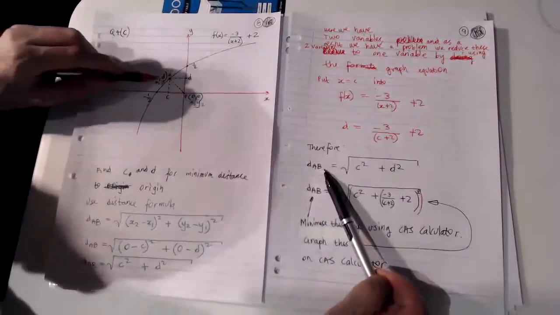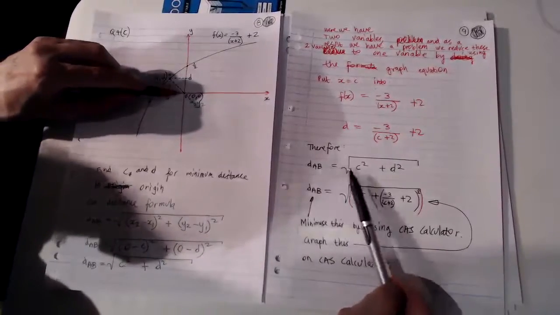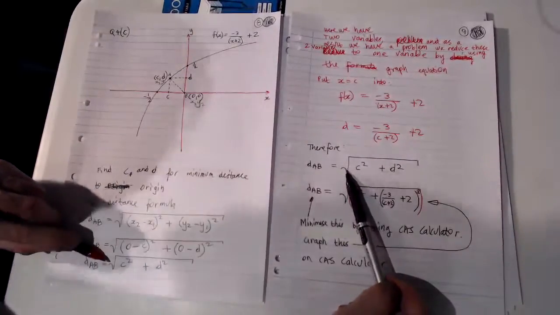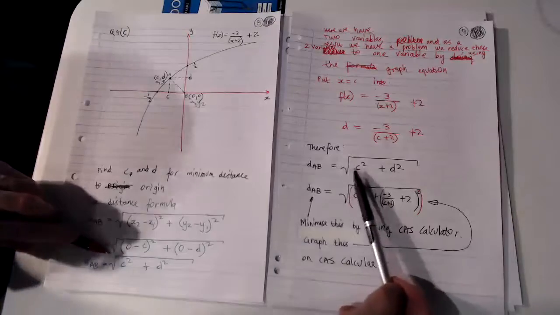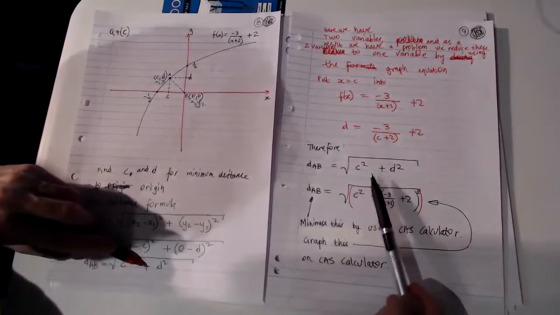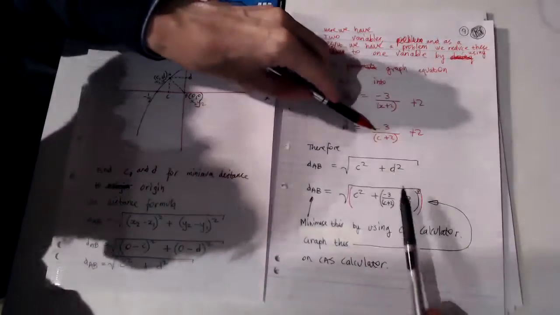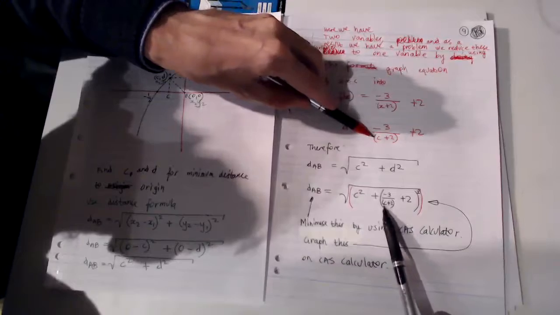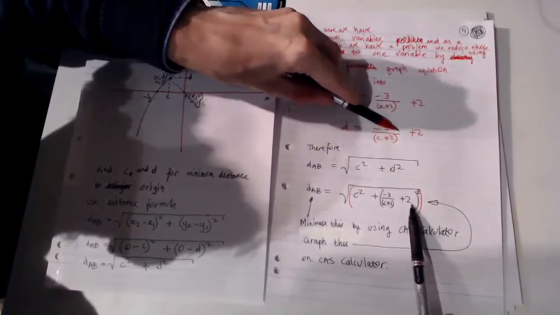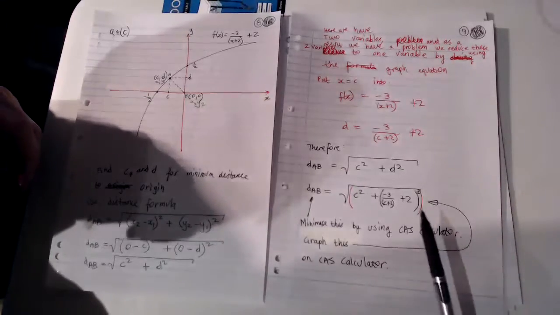So, like we saw earlier, the distance from A to B is equal to the square root of C squared plus D squared, and that's equal to C squared plus, what's D? We just saw that D is equal to negative 3 on (C plus 2) plus 2, all squared.